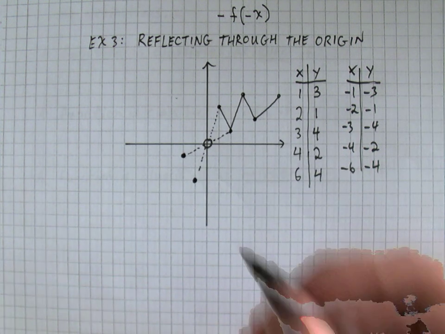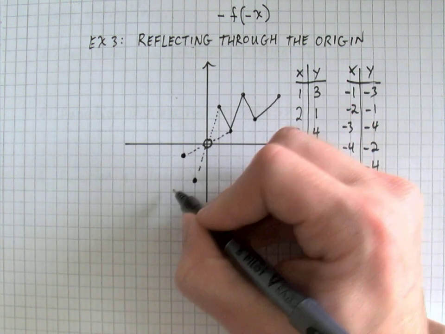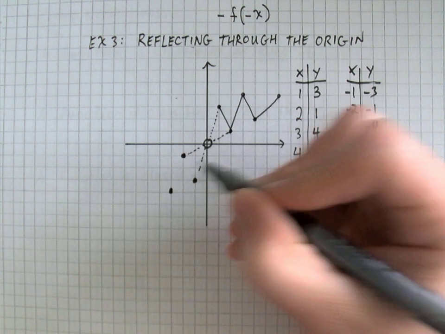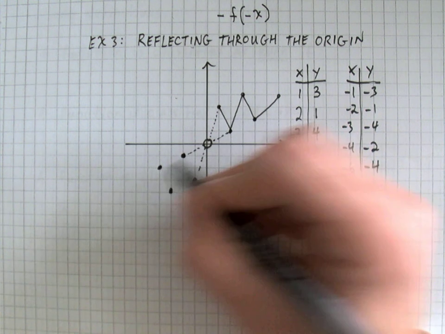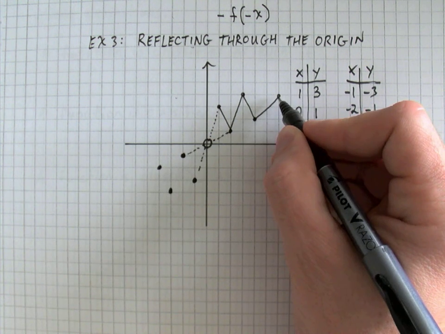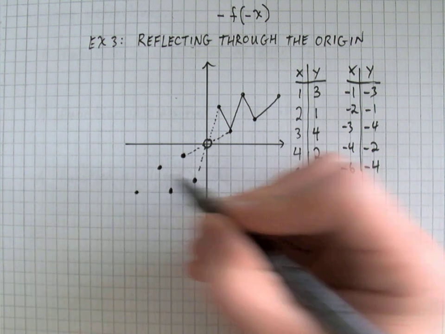You can kind of see where this was going. If this point were to look into the mirror, it would show back up over here. And if this point were to look into the mirror, it would show up over here. And if 6, 4 were to look in the mirror, it would show up over here at -6, -4.